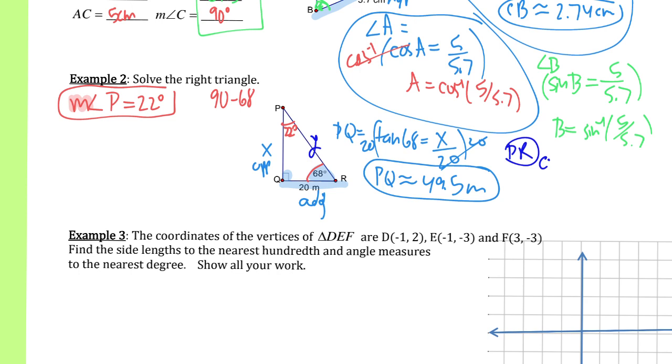The cosine of the angle we know, which is 68, equals the adjacent leg, which is 20, over the hypotenuse, Y. The best way to solve this is Y equals 20 over cosine of 68. If you find that quotient, PR's length is approximately 53.4, and that is going to be meters.